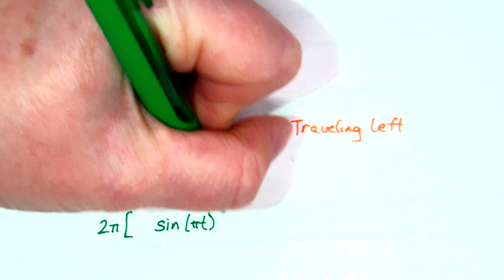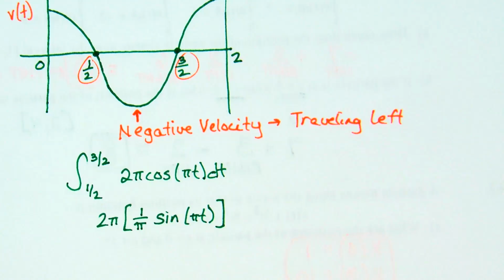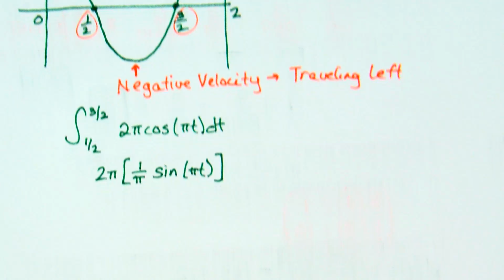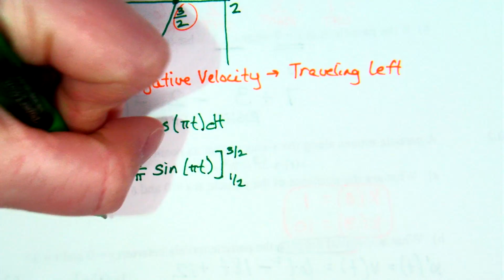Times 1 over pi. Because that's not a number out front. A normal number, like a constant. Pi is a constant. I'm saying this all wrong. It's not a normal, like, whole number, like we're used to. But pi is a number, and so you have to compensate for the chain rule, so 1 over pi. Evaluated from 1/2 to 3/2.